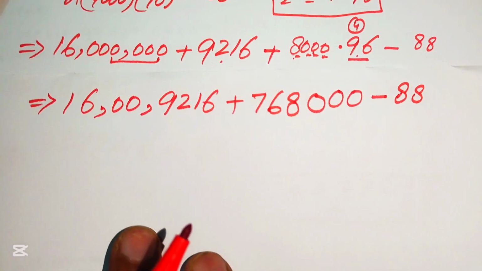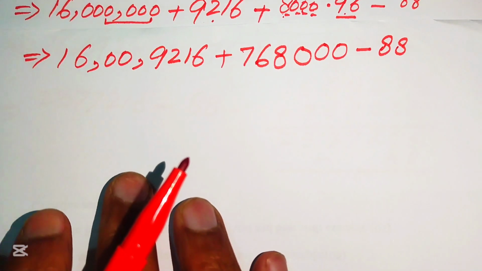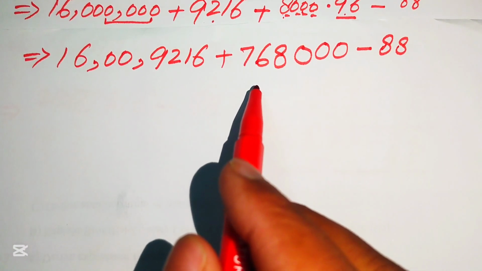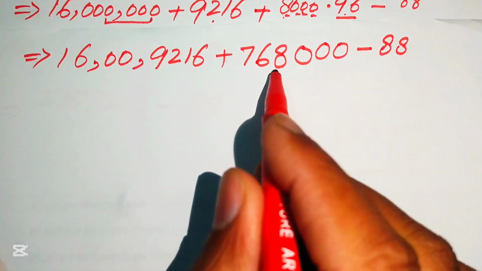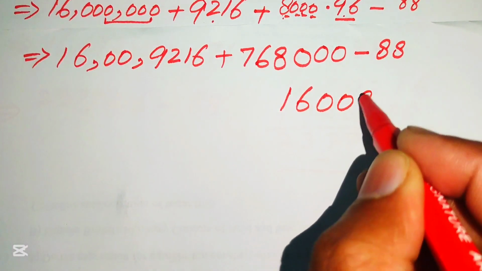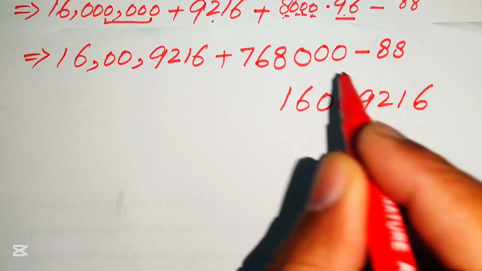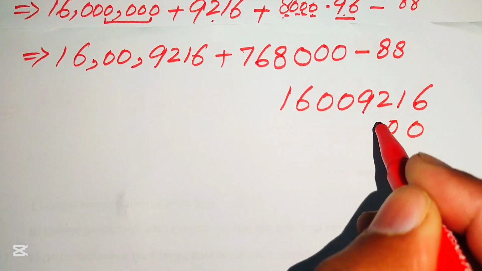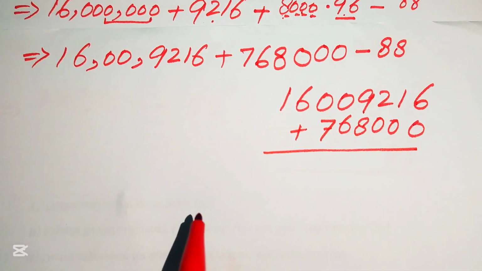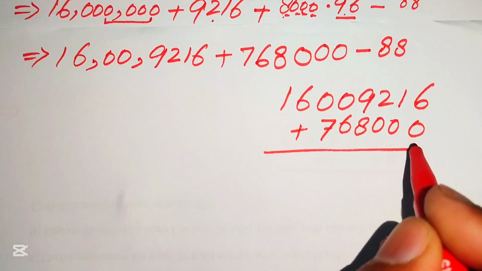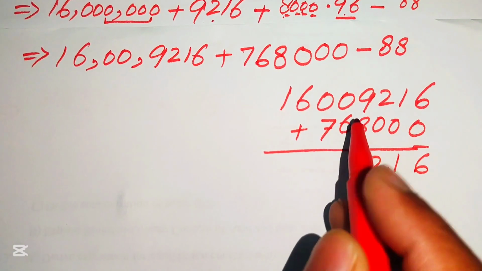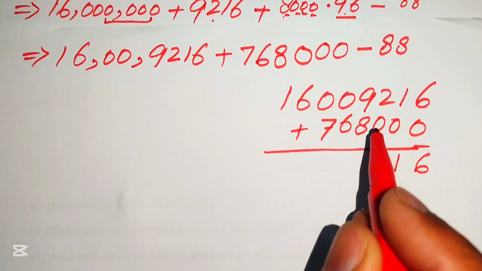Further, we need more simplification, and here we need to sum up these two values. We will apply the traditional method of addition. We add 16009216 with 768000. First, 6 plus 0 equals 6, 1 plus 0 is 1, 2 plus 0 is 2, 9 plus 8 becomes 17.